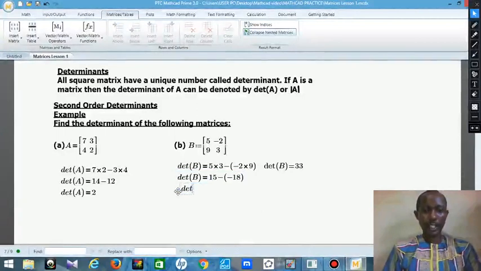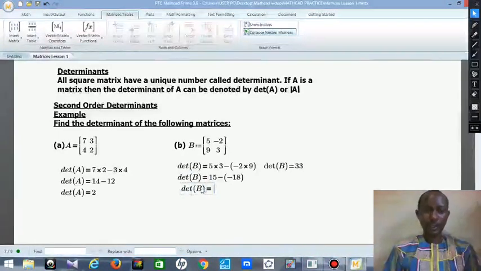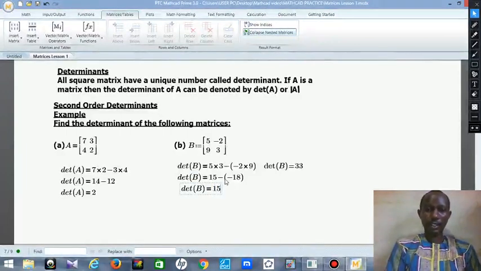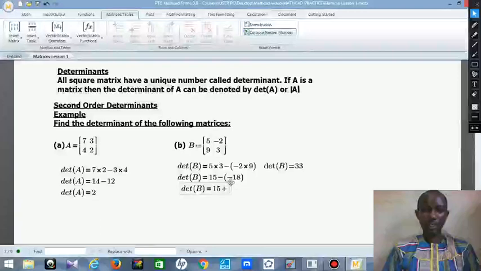Then the next step is, you have 15, and when you open the bracket, minus times minus will be plus, minus times minus is plus, then you have 18.